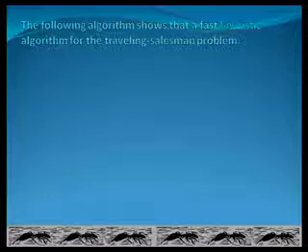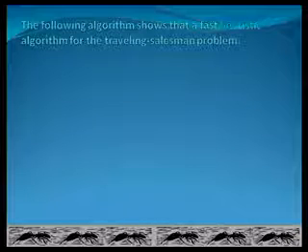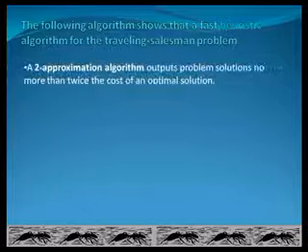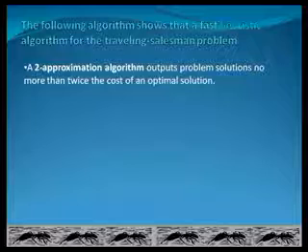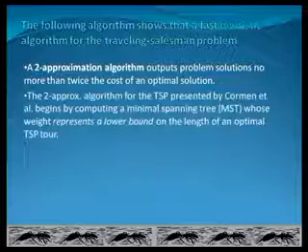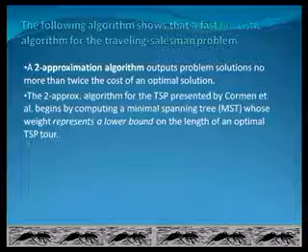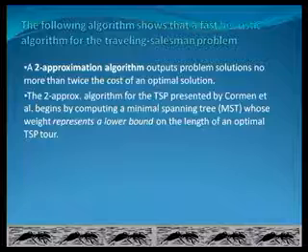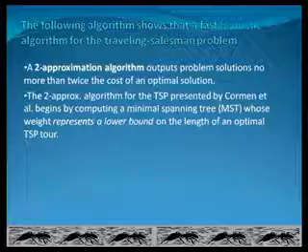The following algorithm shows a fast heuristic algorithm for the traveling salesman problem. A two-approximation algorithm outputs solutions no more than twice the cost of an optimal solution. The two-approximation algorithm for the traveling salesman problem presented by Cormen begins by computing the minimal spanning tree, whose weight represents a lower bound on the length of an optimal TSP tour.